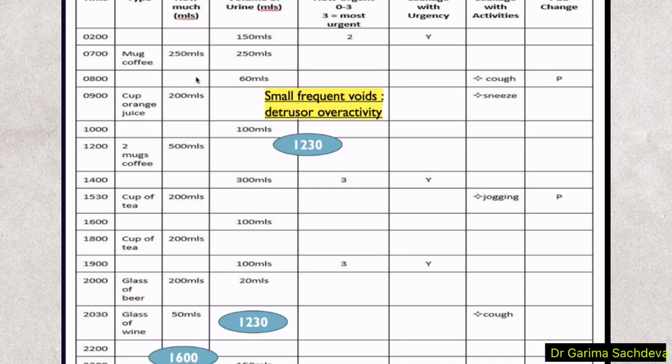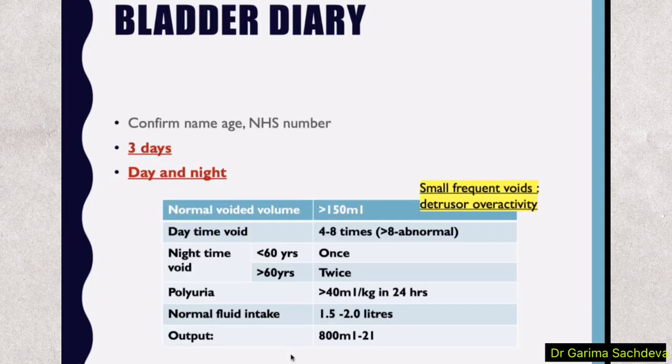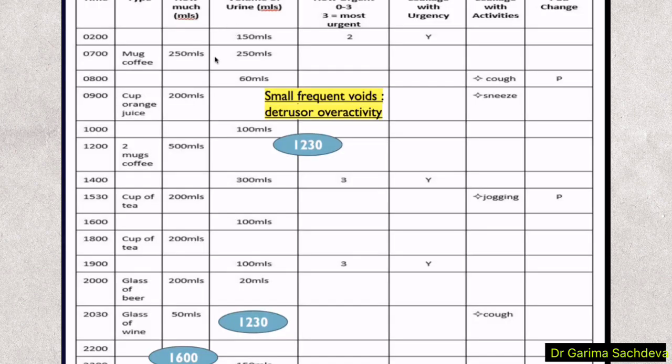If you count in the daytime from 7 a.m., 1, 2, 3, 4, 5, 6, 7, 8, so she's voiding frequently. Ideally, more than 8 is abnormal. Night-time she's voiding only once, at 2 a.m., when she has woken up.